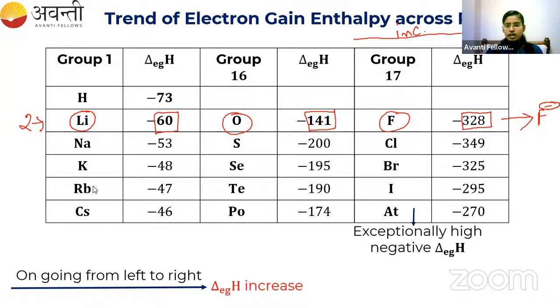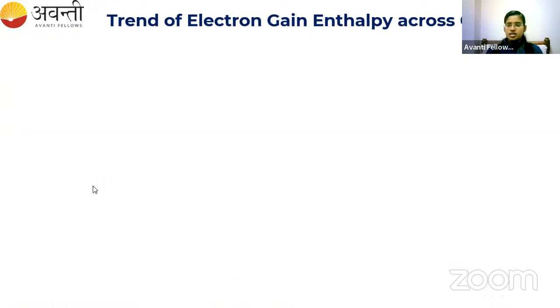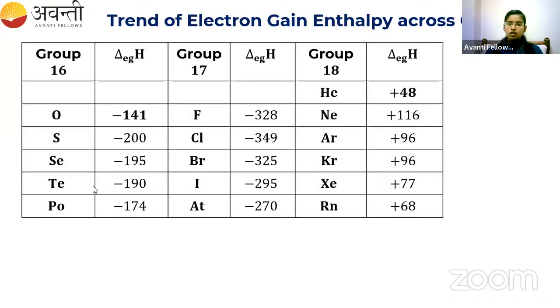Shall I go for the trend on moving down the group? Across the period trend is clear to all of you, right? Now let's discuss the group wise trend. Let me take three groups: group 16, group 17 and group 18. What do you observe for these three groups on moving down the group? Is it increasing or decreasing?